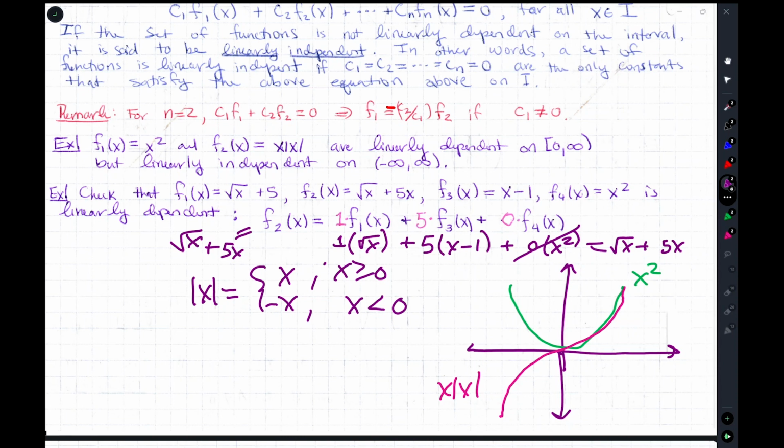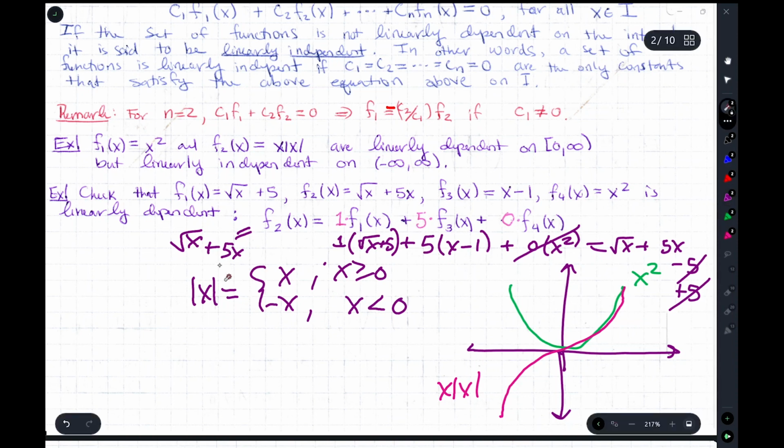and minus 5. I'm missing a 5 in here, so this should be plus 5. So you'll get a plus 5, these 5s cancel, and you do indeed get that these relations are true.